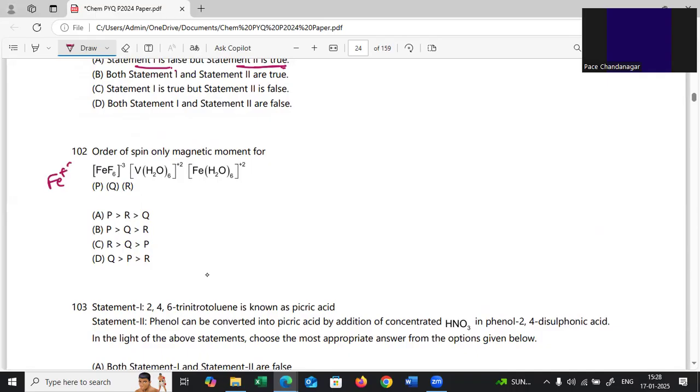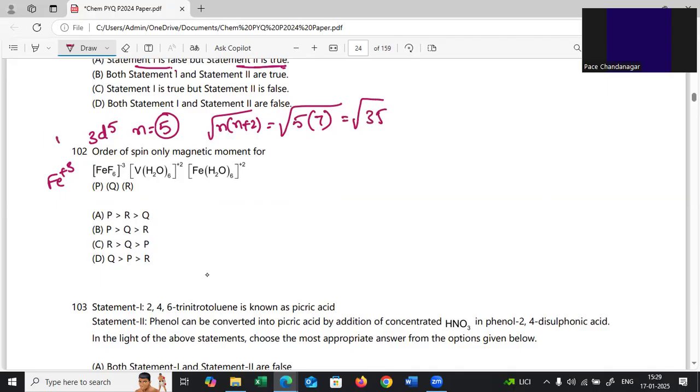Iron is plus 3 here. Then plus 3 means you will have 3d5, which means n is equal to 5. 5 unpaired electrons, under root n into n plus 2, which is under root 5 of 5 plus 2, which is 7, which is root 35 for the first option.